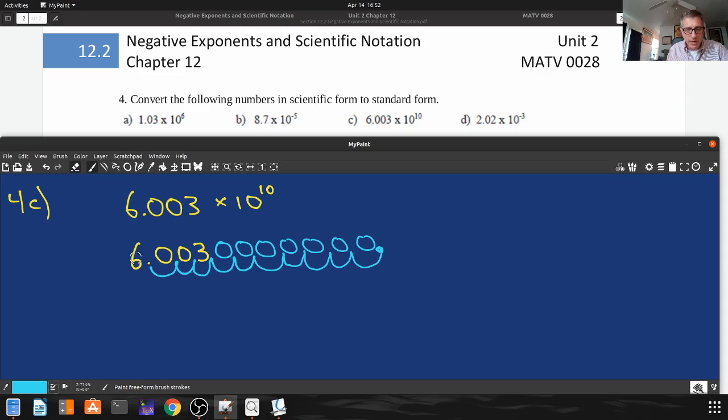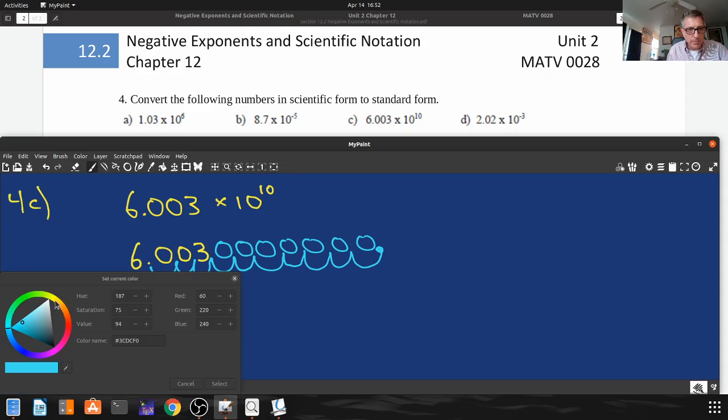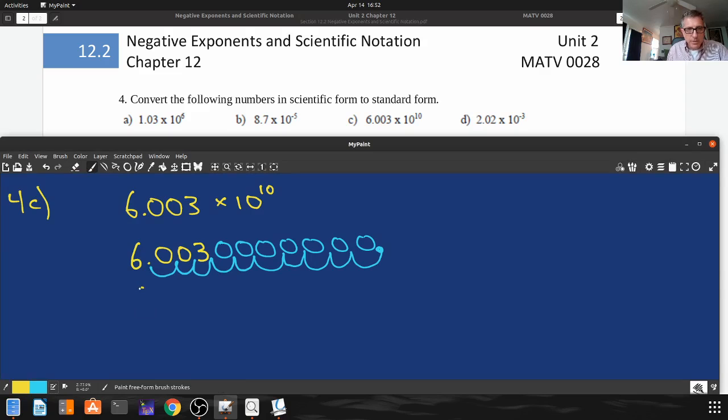And when I rewrite the answer, it's going to be 6, 0, 0, 3, followed by zeros. You don't have to put that decimal in, but you can group your digits in groups of threes.